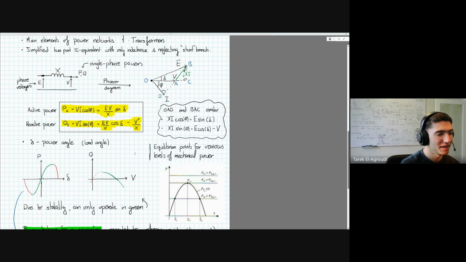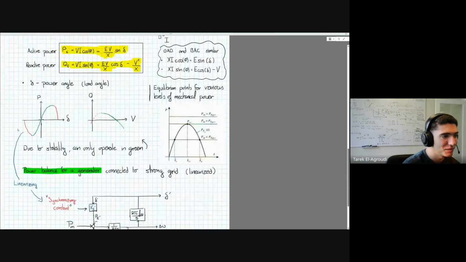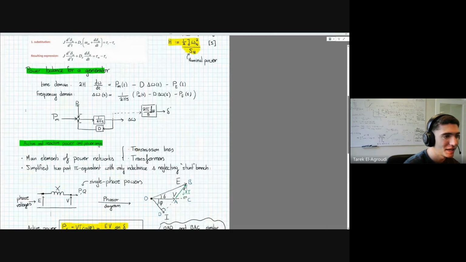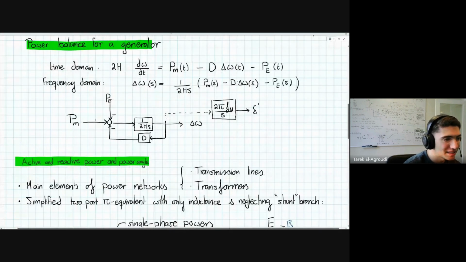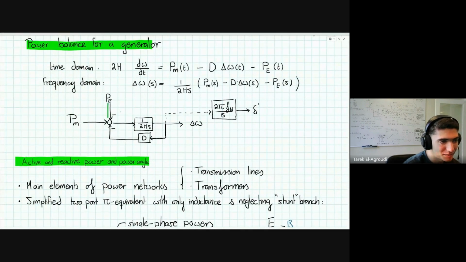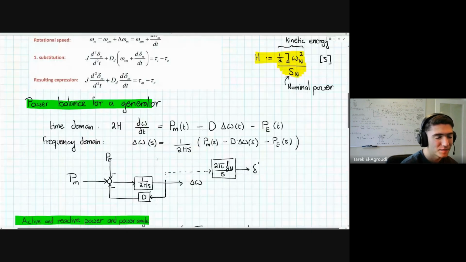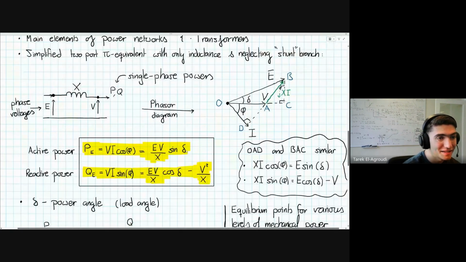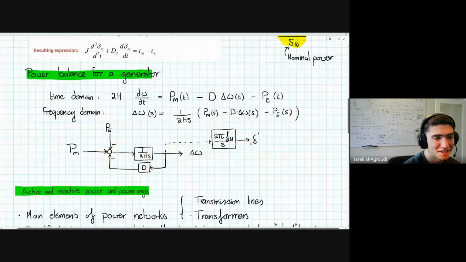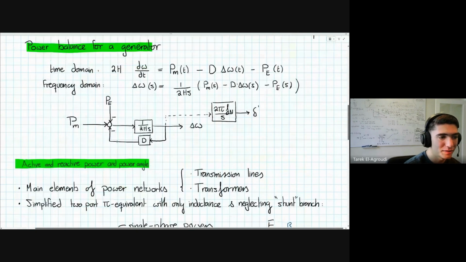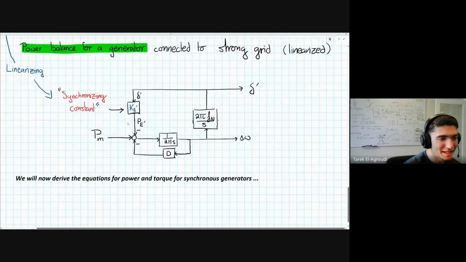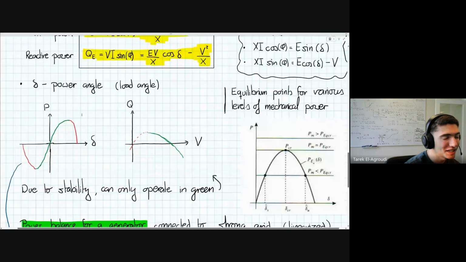And some intuition for why that is can come if we go back to our simple swing equation. We notice that here is this electrical active power, which is just the sine of this power angle times some constants, or actually not constants, but for now constants. And this power angle is the integral of this speed deviation. You can close the loop by simply linearizing this sine function.